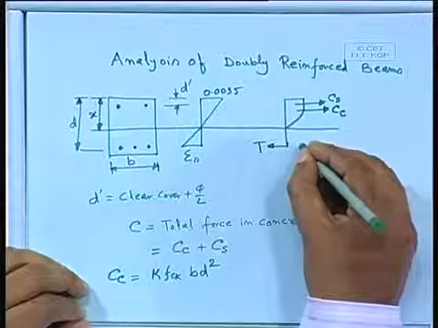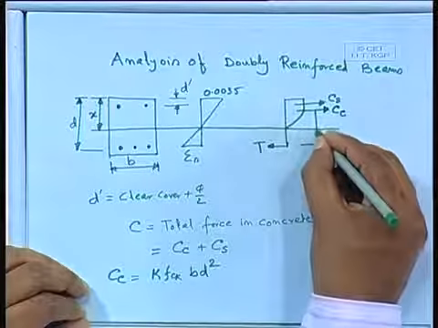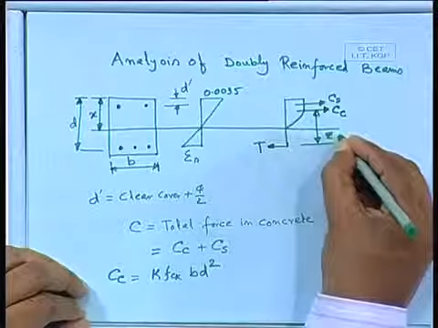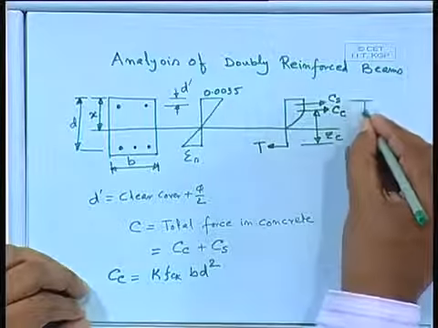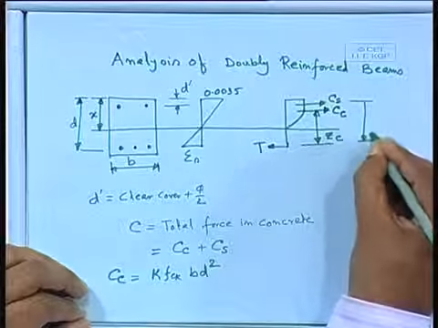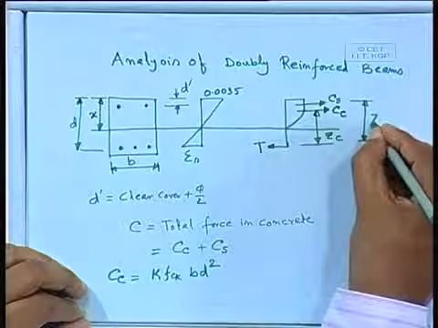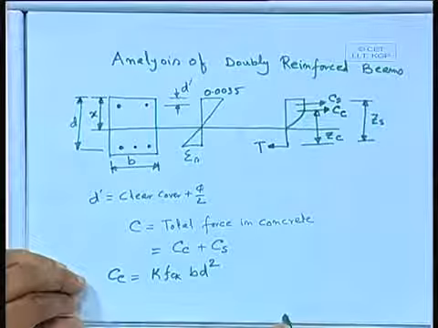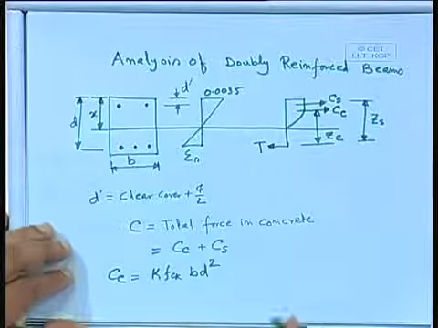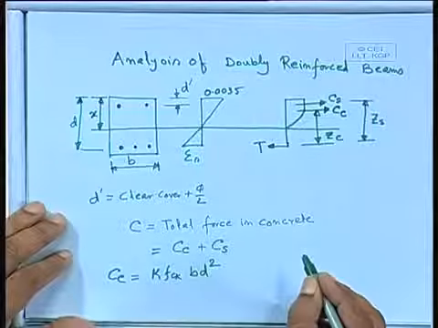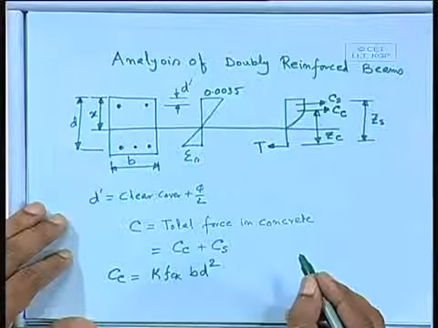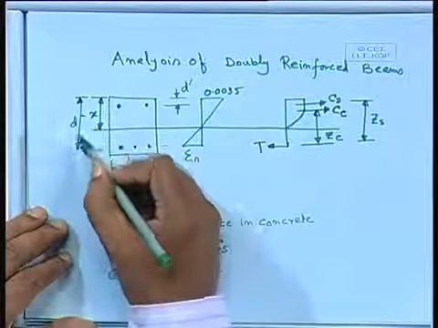And we have two lever arms. One lever arm, let us say Zc, and the other lever arm, let us say Zs. D is the effective depth.